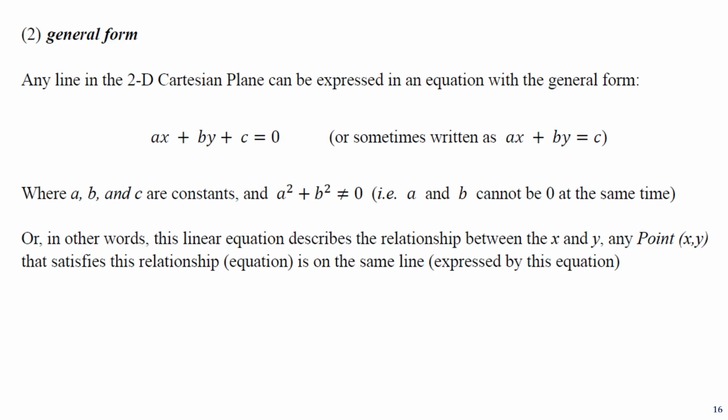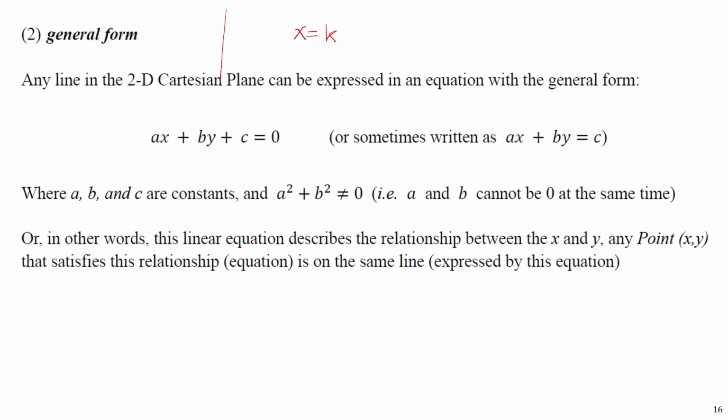Such an equation is called the general form of a line, because every line, including a line without a slope, can be expressed in this form, right? For example, if a line is vertical, we do not have a slope for this line, but it still can be expressed as x equals, for example, k, right?